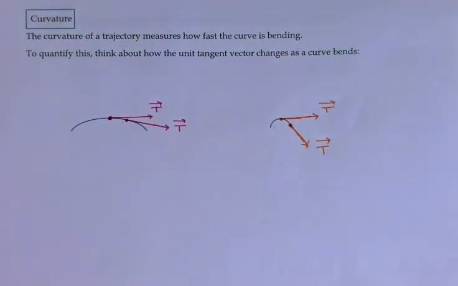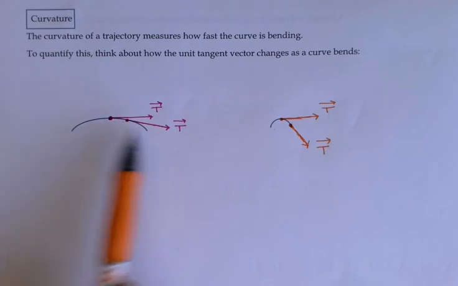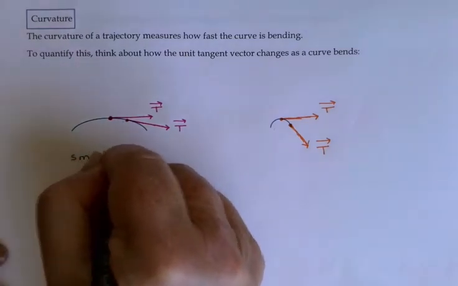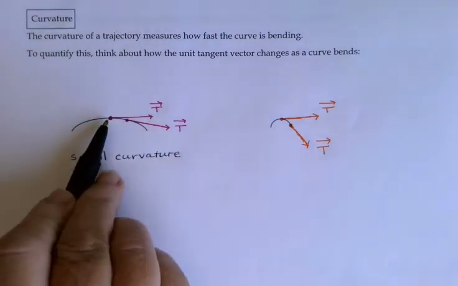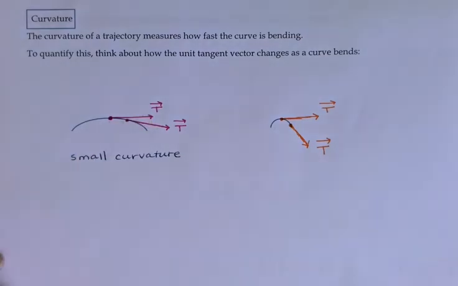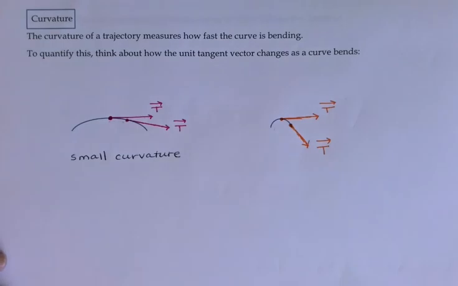What I'm asking you to notice is that when I have a very slowly curving function, what we're going to call a small curvature, when I move a little distance along the curve, the unit tangent vector changes only a little bit. This vector and that vector aren't all that different.